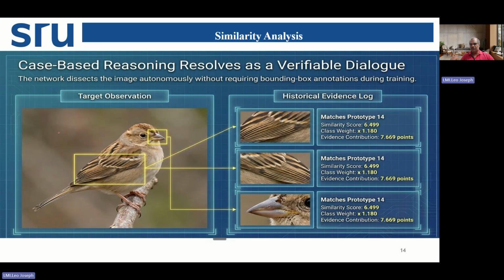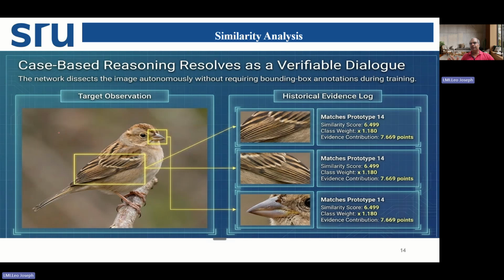So the similarity scores will be looking like this: class weight 1.180, similarity score 6.449. So based on that, we come to the conclusion that we are getting 7.669 points. How it is predicting: based on prototype 14, we are mapping these things.